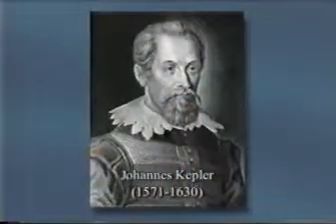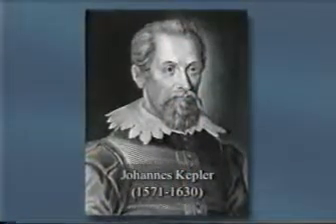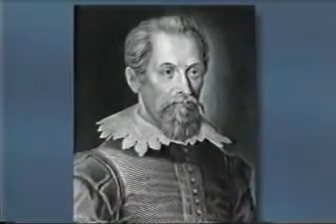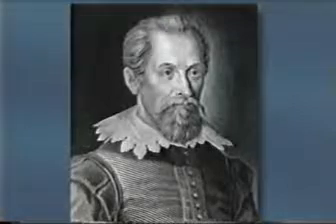He was unwilling to release his data to Kepler, Johannes Kepler, who was working on the paths of planets, because he felt that if he gave his data to Kepler, Kepler would get credit and not Brahe. Well, what happened was Kepler and Brahe were both invited to come to Prague, which was then the seat of the Holy Roman Empire.